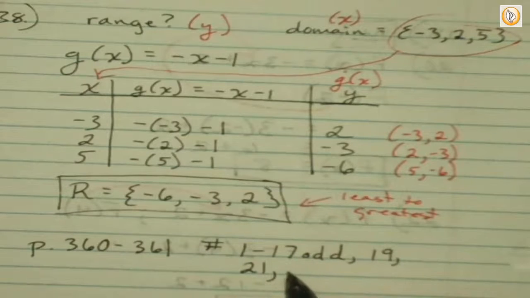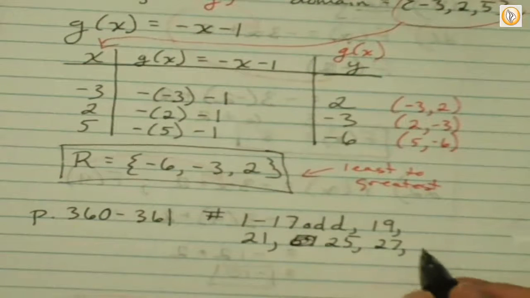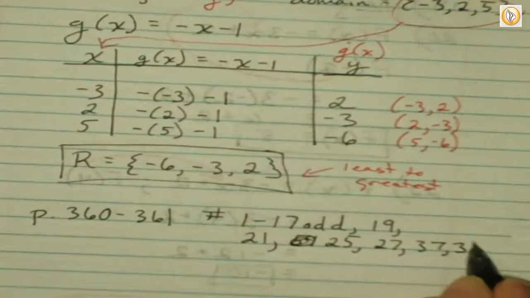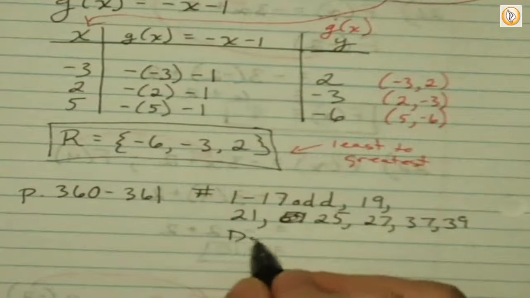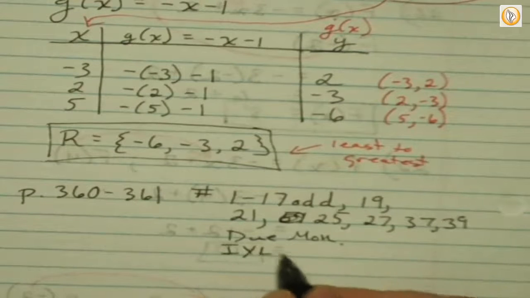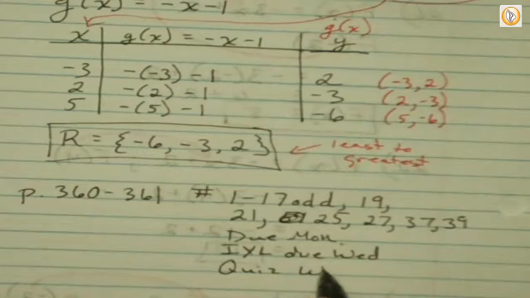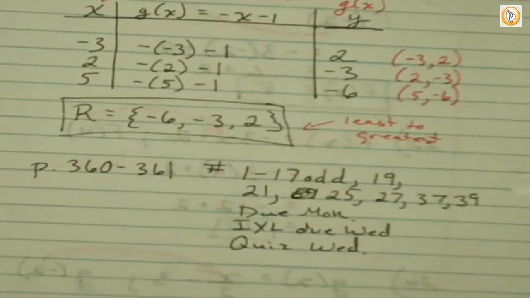So 1 through 21. 25, 27, 37, 39. This is going to be due Monday. You have IXL due Wednesday. And you have a quiz Wednesday. So it's going through 21 on. Whatever is written there.